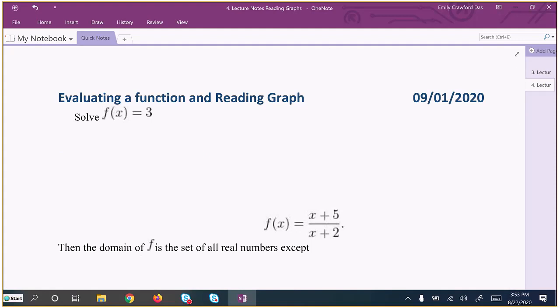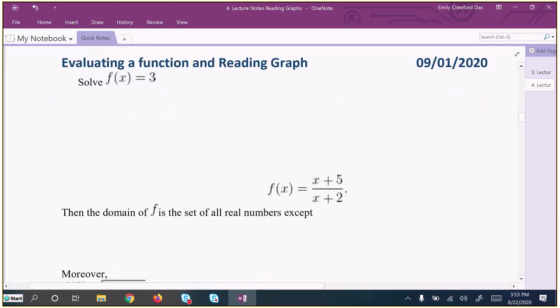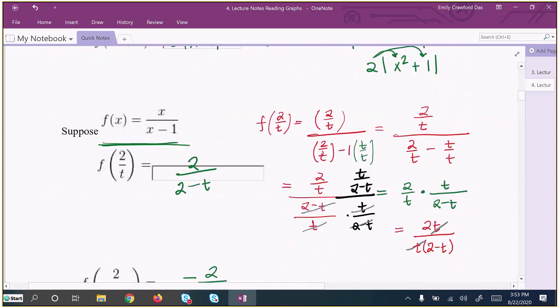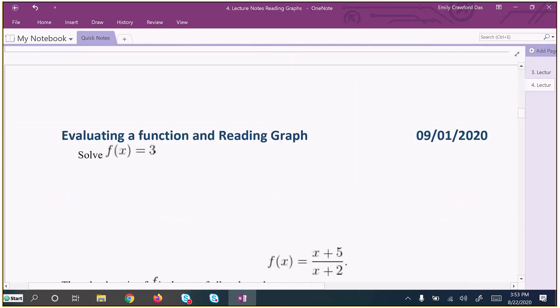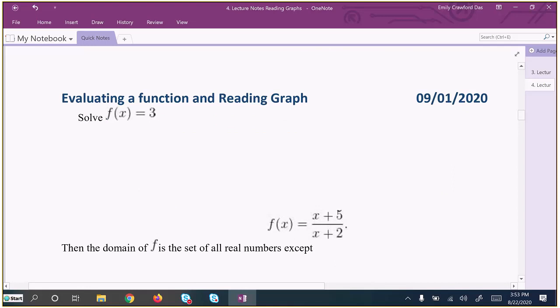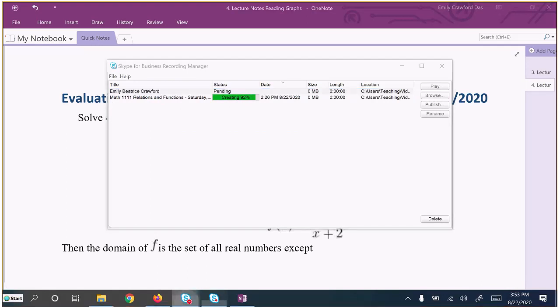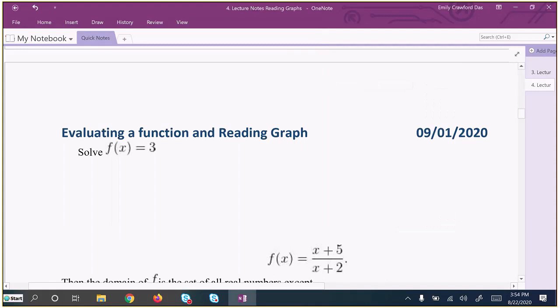solve f of x is equal to 3. So we have f of x is equal to x over x minus 1, and we want to solve f of x equals 3.